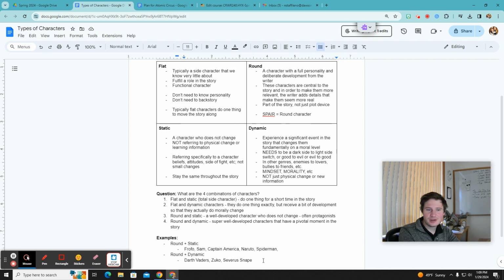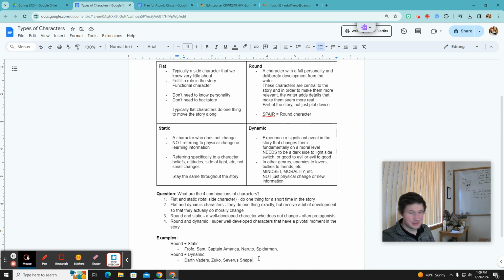Right? You can make some arguments amongst these, but Snape, again, very good character that we thought was bad, but was always good. And it's just this emotionally riveting part of the story where you see his backstory come to light. He becomes round at the same time as he becomes dynamic. I mean, it's just really, really beautiful. One of the best characters of all time, for sure.